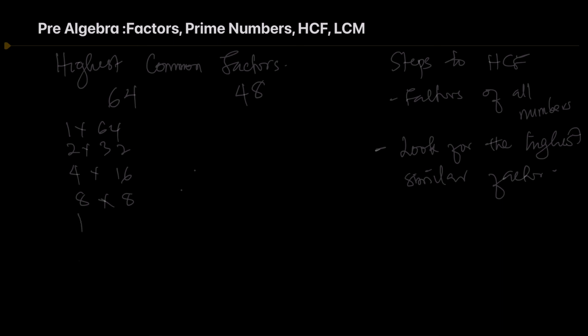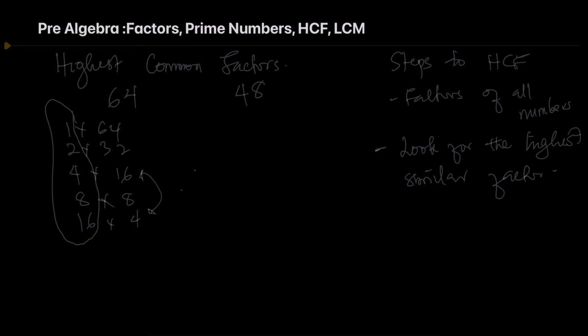So the next one is 16 times 4, right? So in this case, we already have the same numbers repeating. So here are the factors of 64, right?